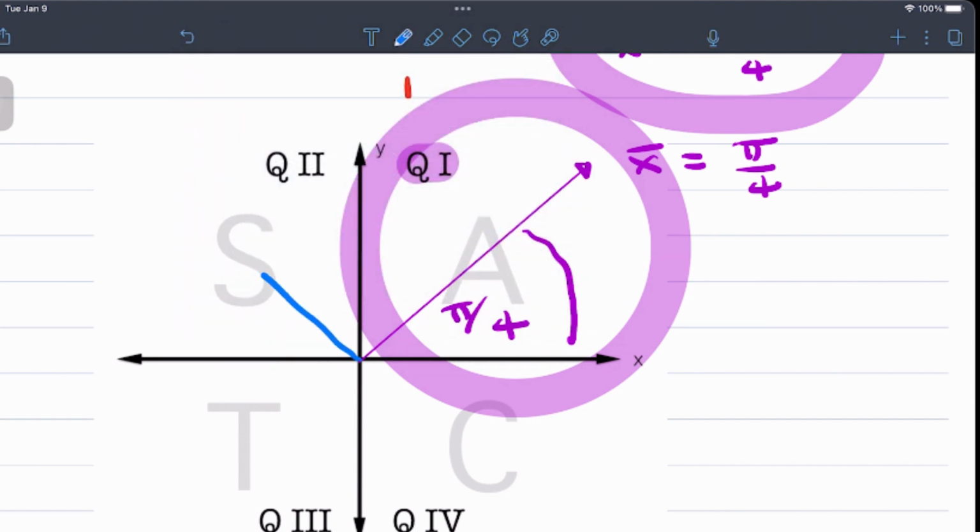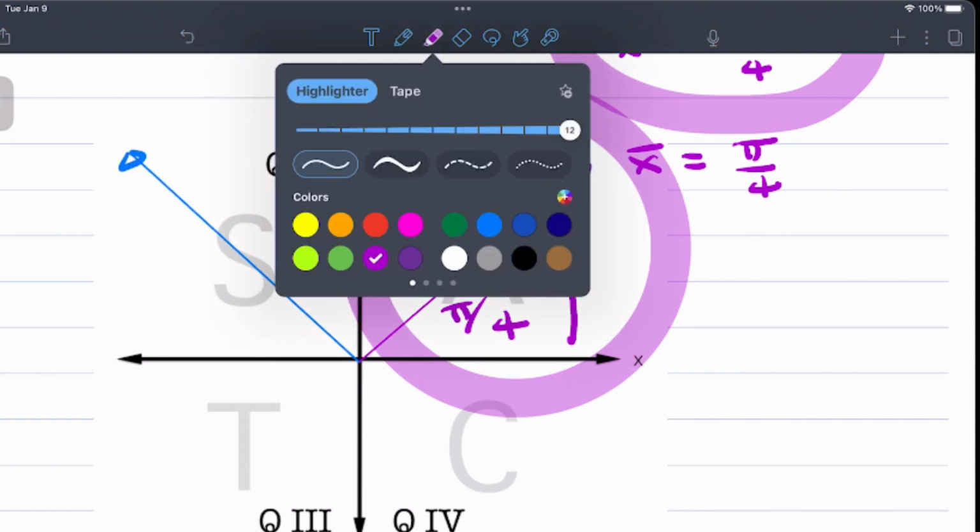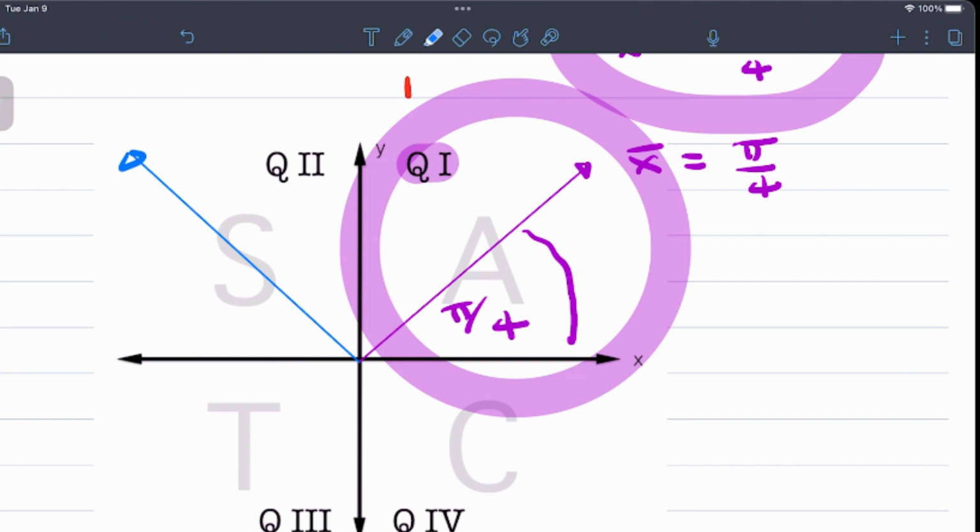Well, sine is positive in quadrant 1 and quadrant what? 2. Is that right? Sine's positive here and here. So for the first set of solutions where sine is positive, this again is your what? That's your reference angle. Is that true?